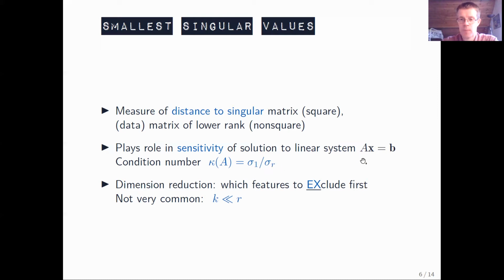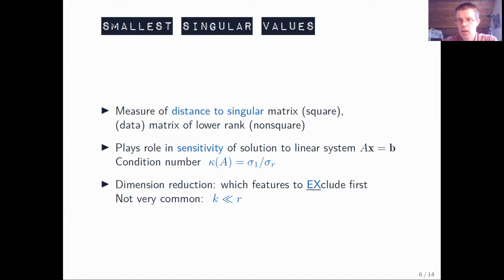And that means, if we change the inputs, like the b and the data matrix A, how is our solution going to change? And here you see that both the largest and the smallest singular value play a role.